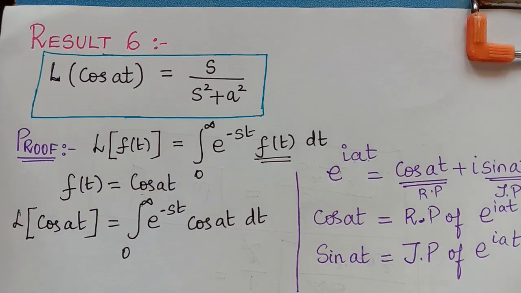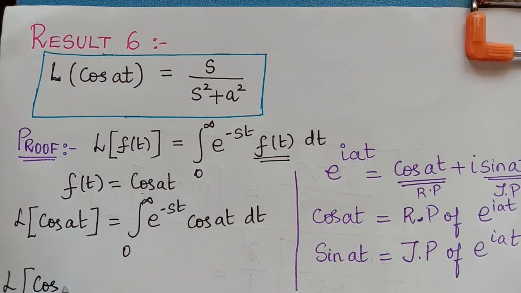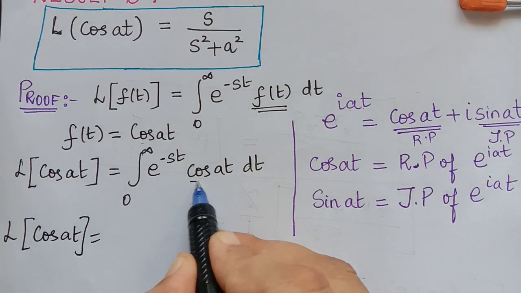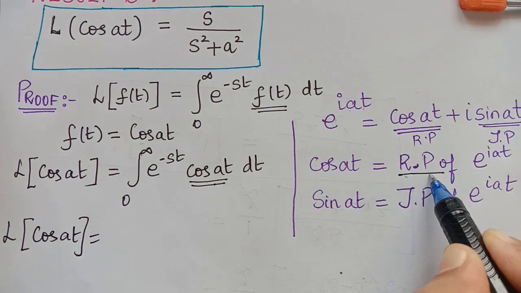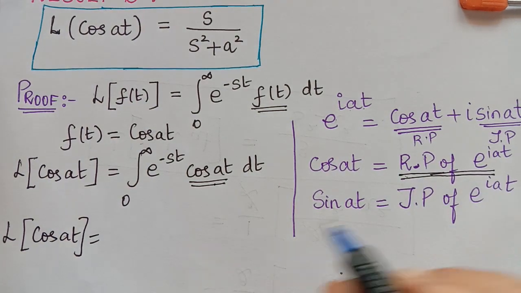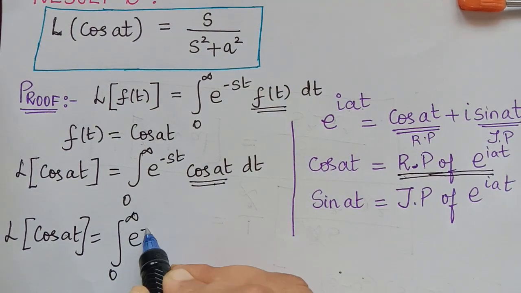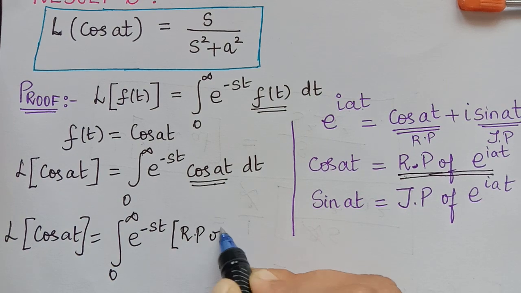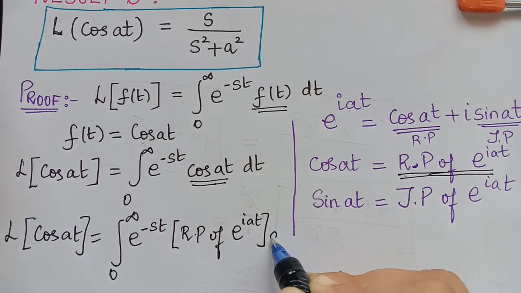Now using this in our integral, we can write L of cos at to be equal to, now here we have cos at. Instead of cos at, we can write real part of e power iat. So this will be equal to integral 0 to infinity e to the power negative st into real part of e to the power iat dt.